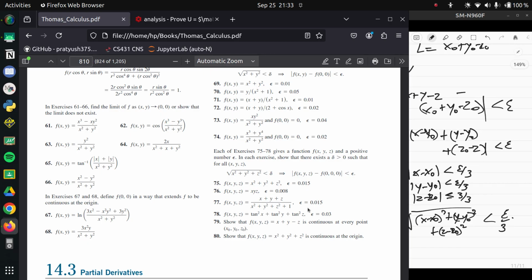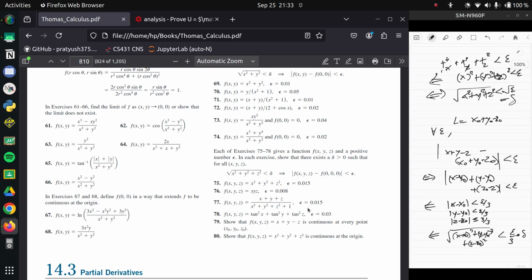So we'll just set that into delta. So for every epsilon, set delta to be epsilon by 3, then if that thing is less than delta, then that implies that your function is approaching the limit, right? Yeah, as in like f of x minus L, that's less than epsilon.